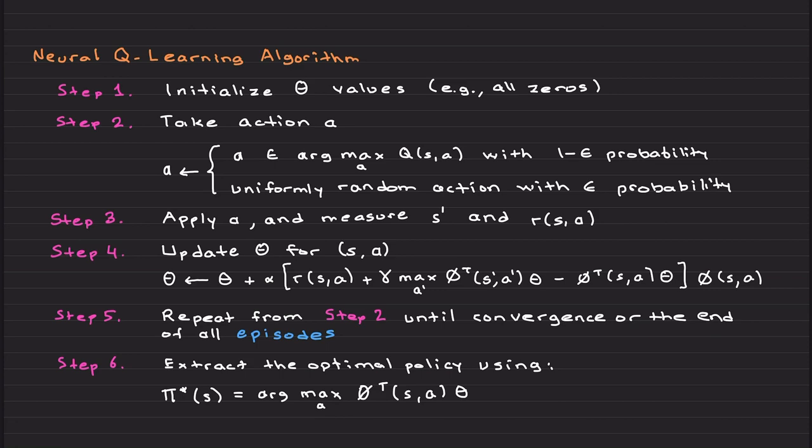But if you are not familiar, you can perfectly select them to be all zeros. Then take an action, and if you remember, we take an optimal action with 1 minus epsilon probability, and otherwise a random action, say 10% and 90%. And then you apply your action to the environment and measure the S prime.